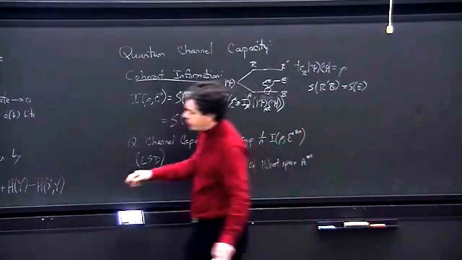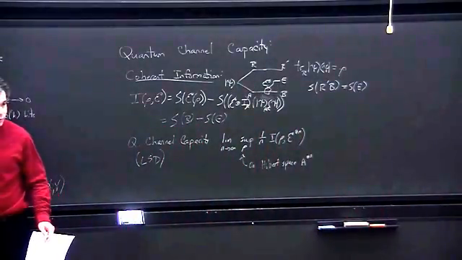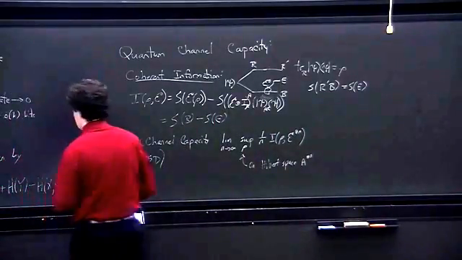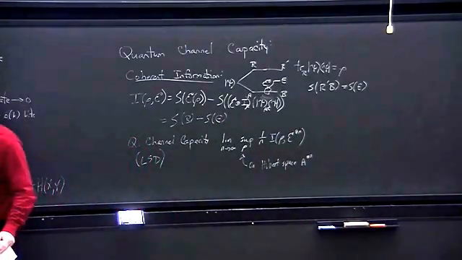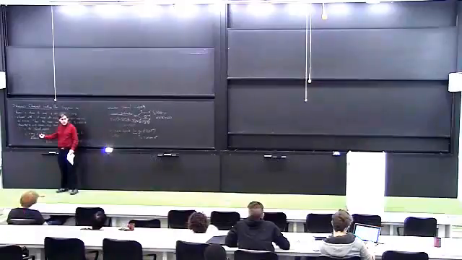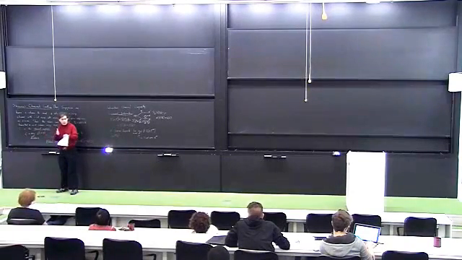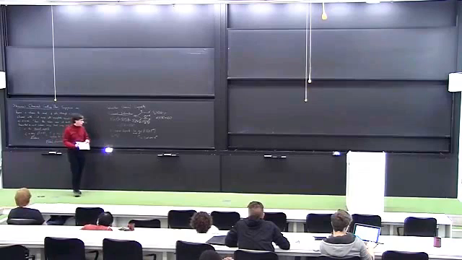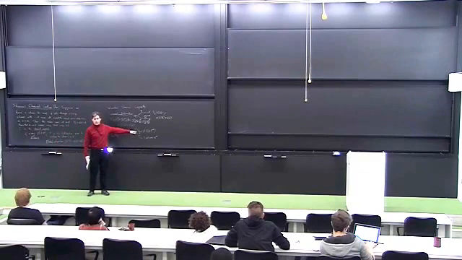So this classical thing is what's known as a single letter formula, because you only have to maximize over an input distribution for one use of the channel. That's a finite size problem. Whereas this one, you have to look at an unbounded number of uses.